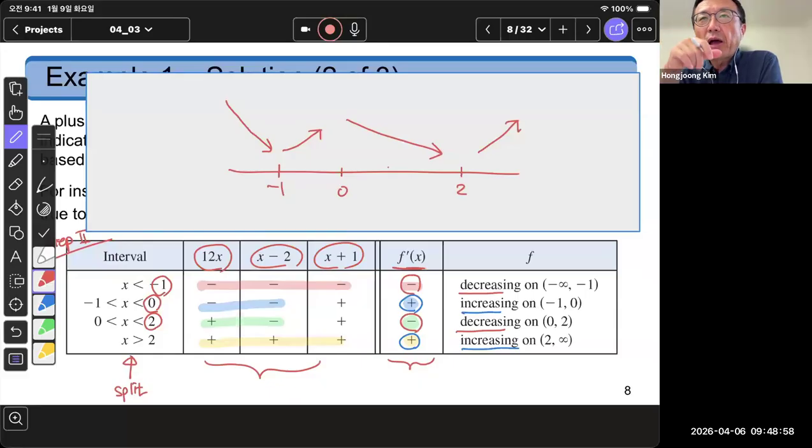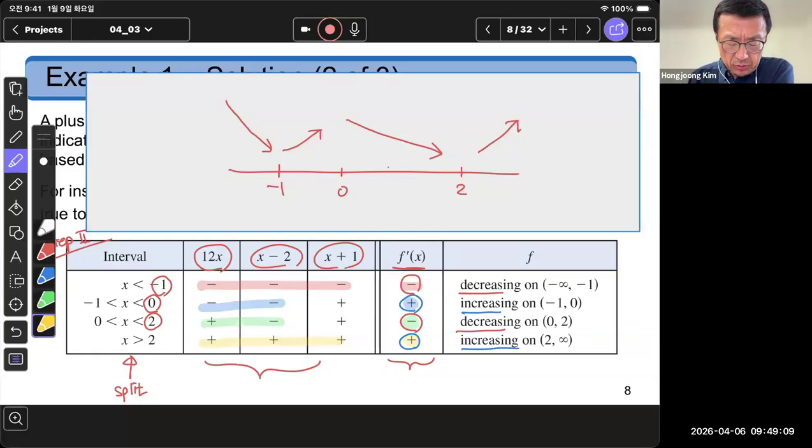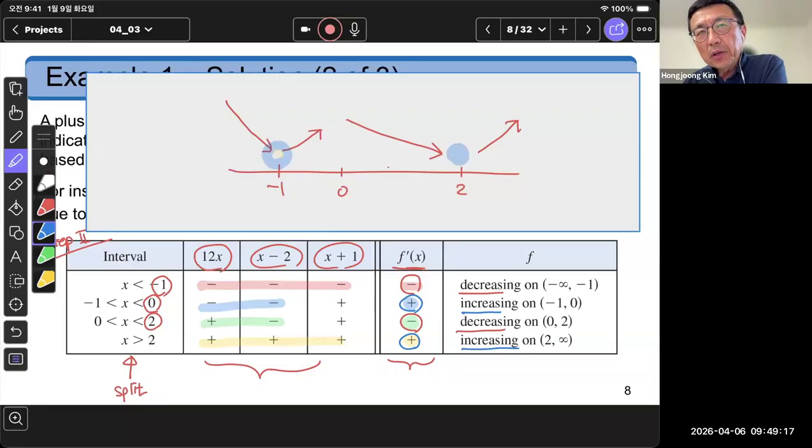If this is the graph of the function, then we may guess that at -1 or at 2, my function will have a local minimum. That's what I can guess from this graph.